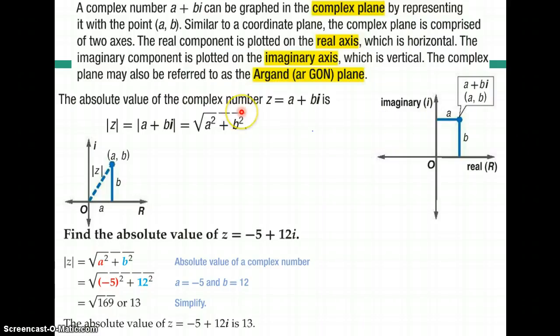The complex number z equals a plus bi, and its absolute value, absolute value of z equals absolute value of a plus bi, which is equal to the square root of a squared plus b squared.